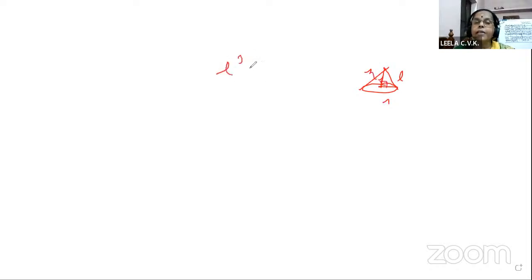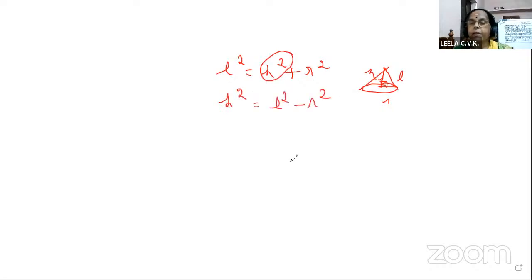So L square is equal to H square plus R square. If it is a 2-mark question, you need not write all these steps. Now H is to be found out, so H square is equal to L square minus R square.